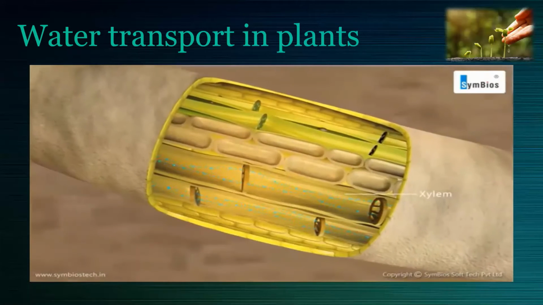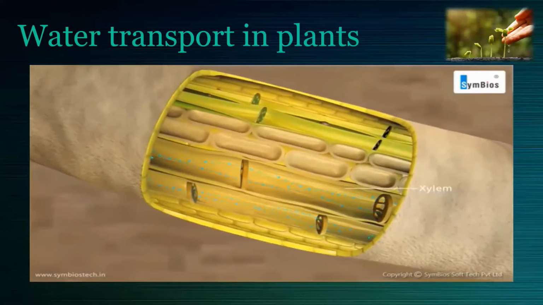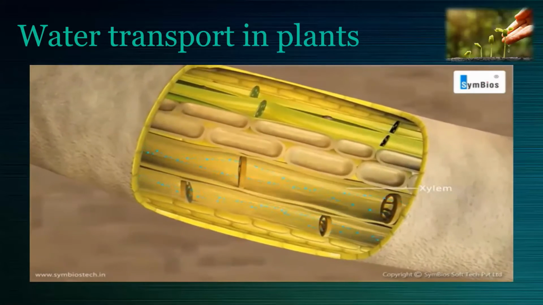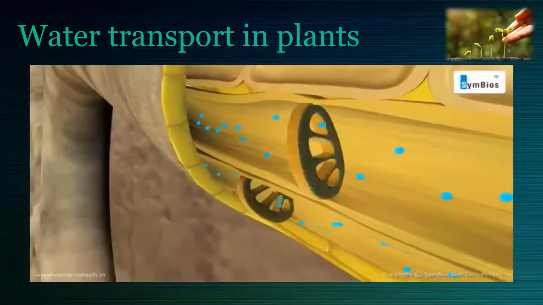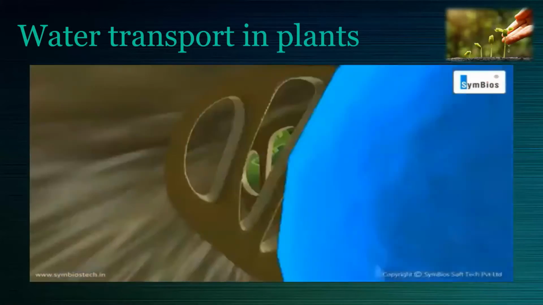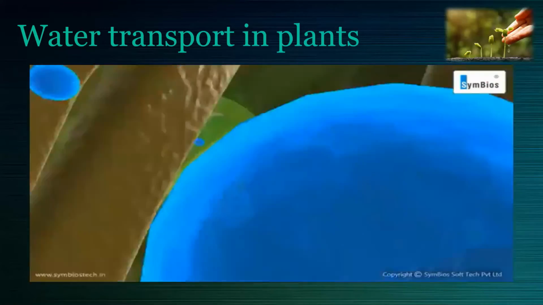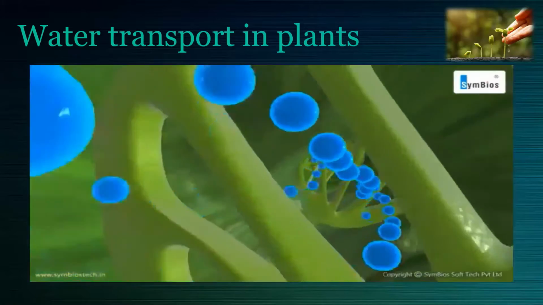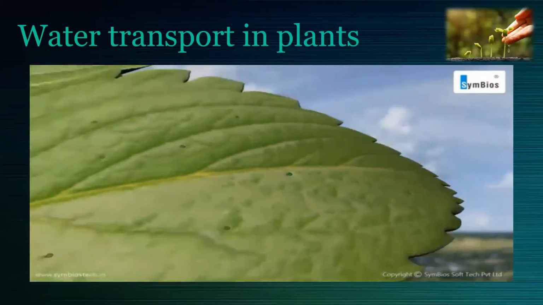Xylem vessels are long, narrow, hollow tubes containing no living material. The xylem transports water and soluble mineral nutrients from the roots to other parts of a plant. About 95% of the water absorbed is lost through the stomata present in the leaves.